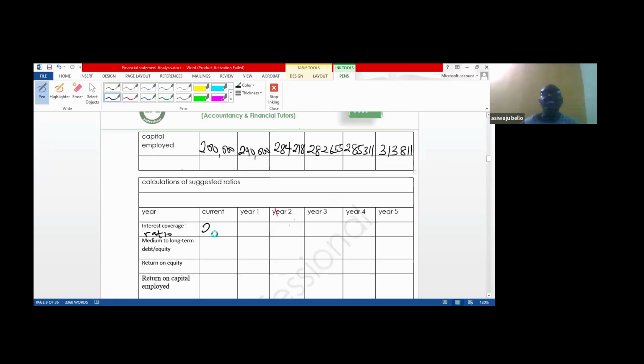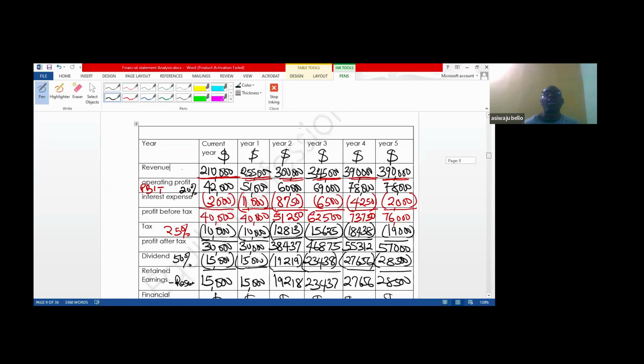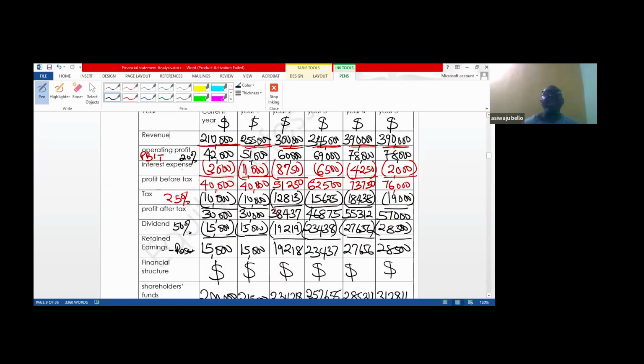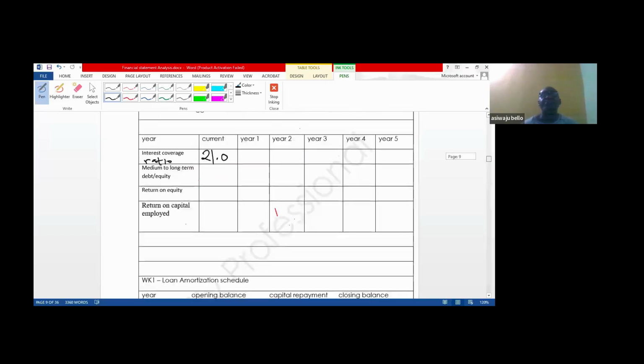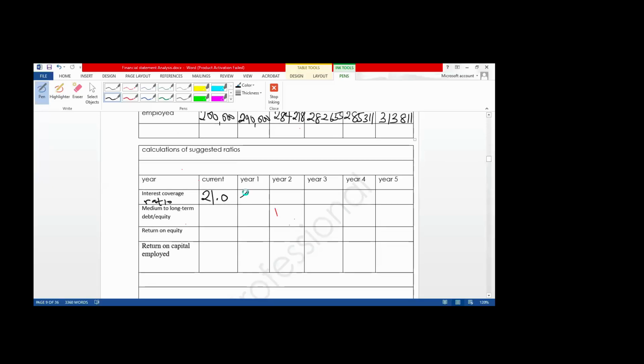Year 1. PBIT, 51,000 divided by 11,000. 4.6. Are we multiplying by 100? 4.6 times.